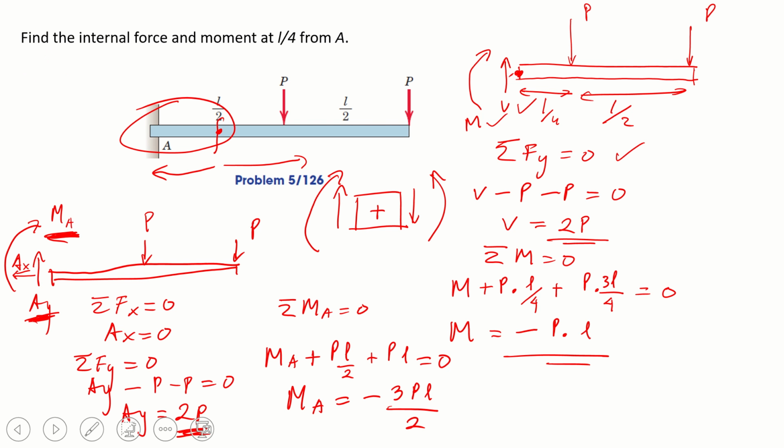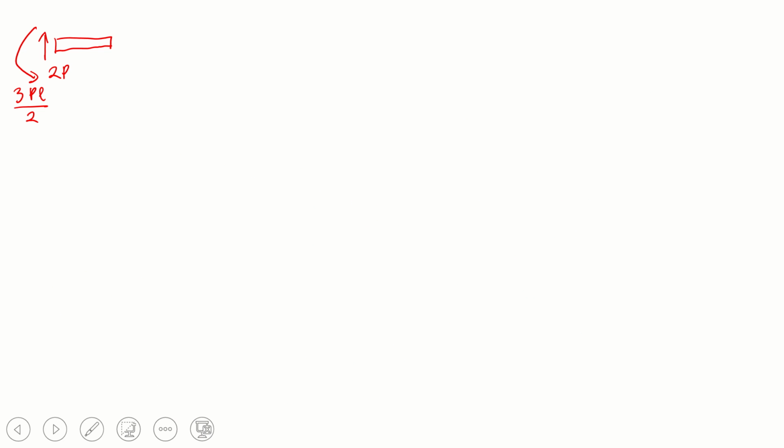Just now what we have is the moment is 3PL per 2, and the shear force is 2P, if I'm not mistaken. Yep, correct, it's 2P.